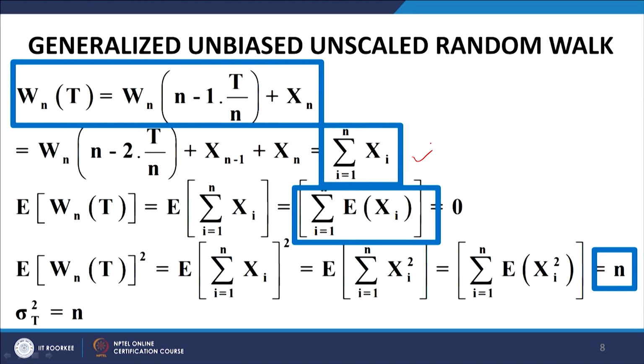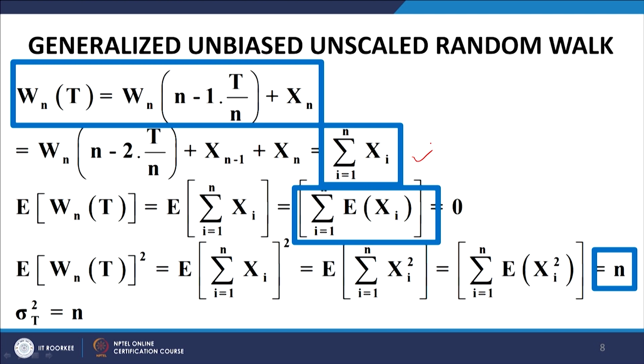Now, let us look at what we get for the expectation values. The expectation value of W_n(T) clearly is 0, because if you take the expectation of a sum, it is the sum of the expectations and each of the expectations vanishes.